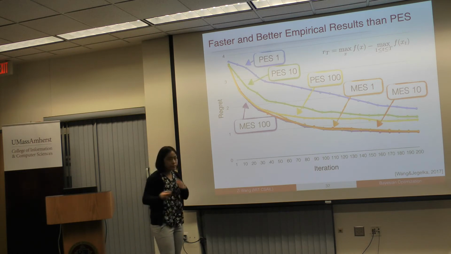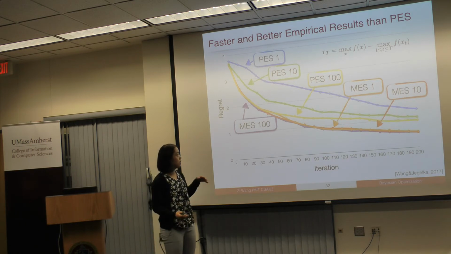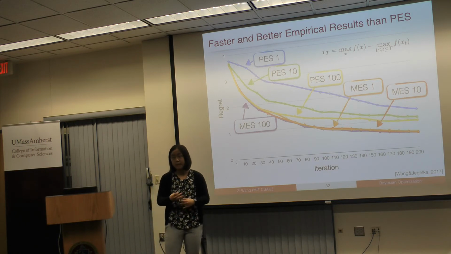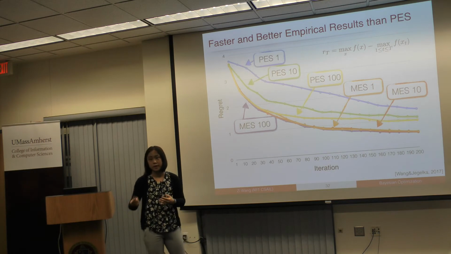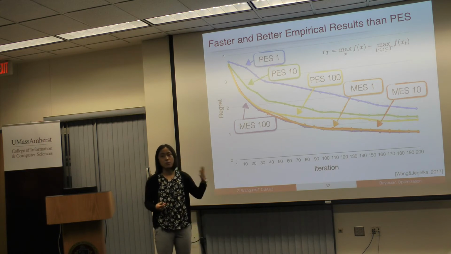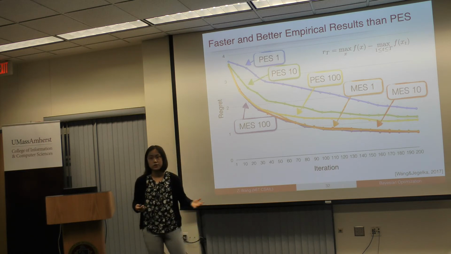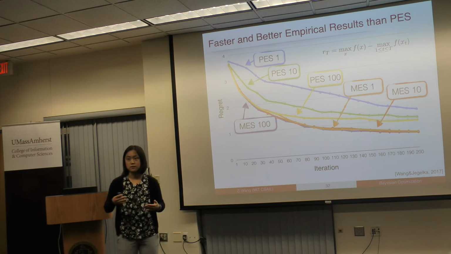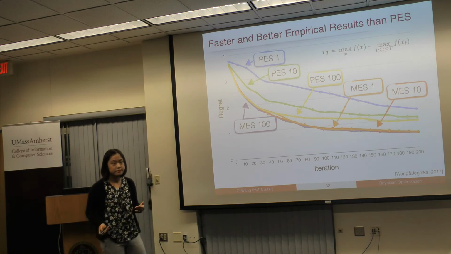And what we observe is that for the same number of samples, the MES is in fact performing better than the PES approach. And then for the MES approach themselves, it seems like having more samples for the y stars don't really give us a lot of benefits.